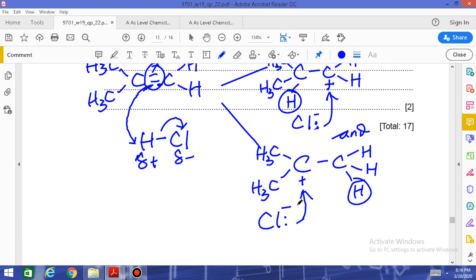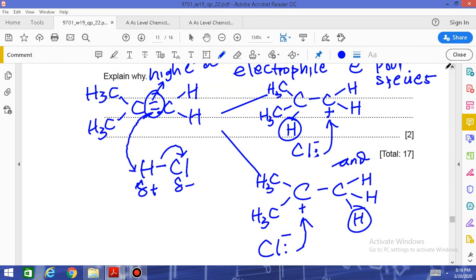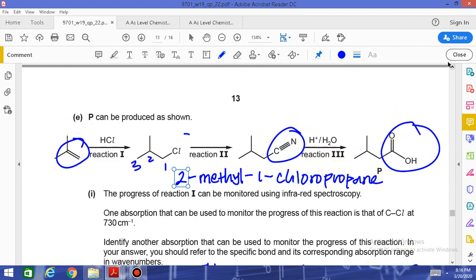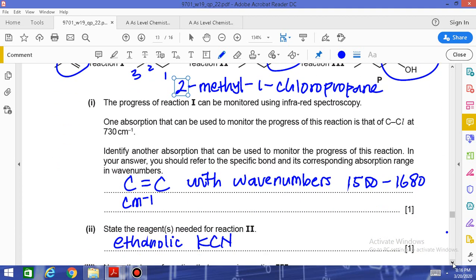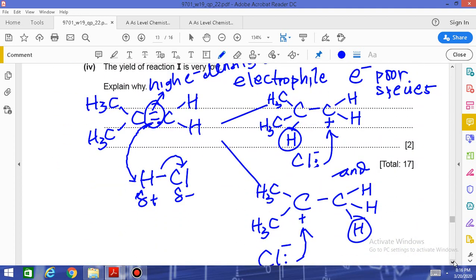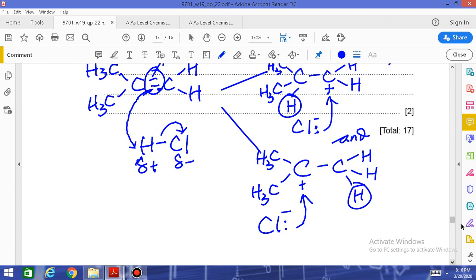Let's see which one is 2 methyl, 1 chloropropane. This one, right?